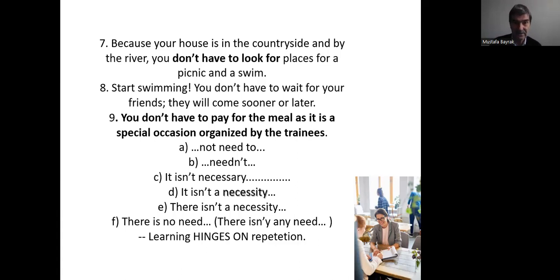Okay, there is an extra sentence. Learning hinges on repetition. What is the use of it here? But it has a good message in it, okay. Learning hinges on repetition, depends on repetition. So you must repeat to learn, or you have to repeat to learn, whether you want to or not.